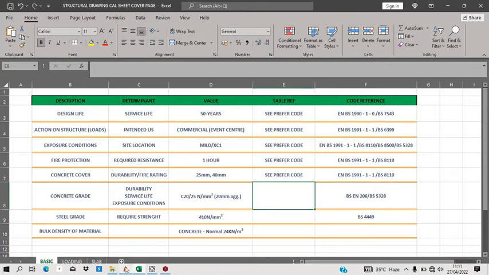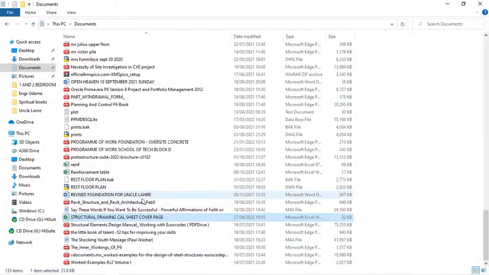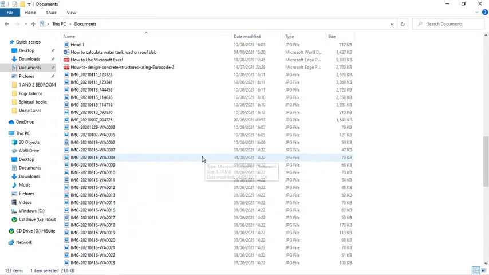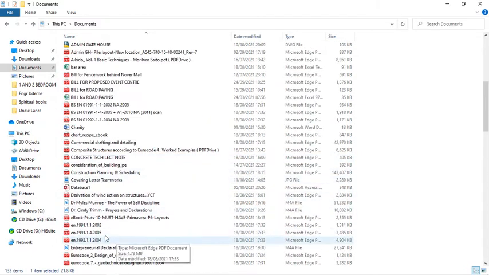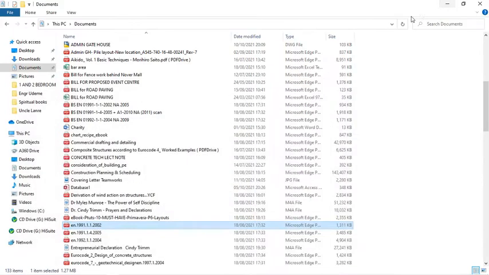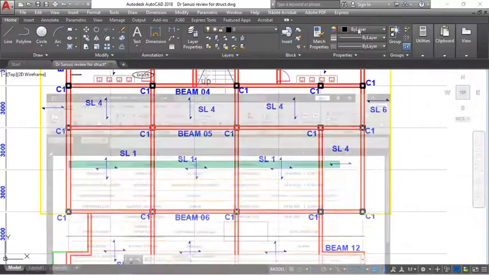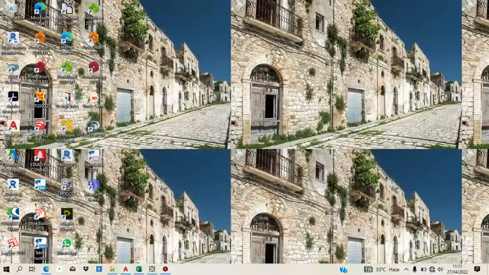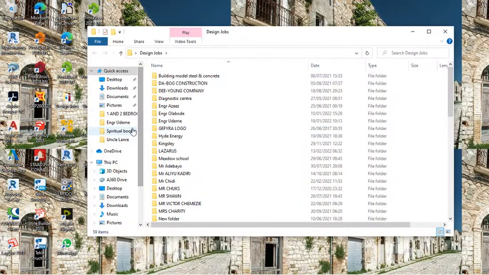Now, what you have to understand is that let me see if I can open some of these codes. I have them. Let me see. Okay, this is Euro code. Some of these codes you need to understand that they make use of parameters.